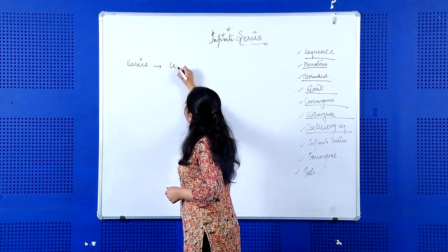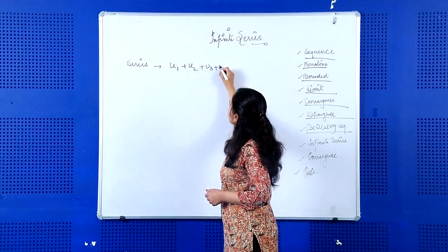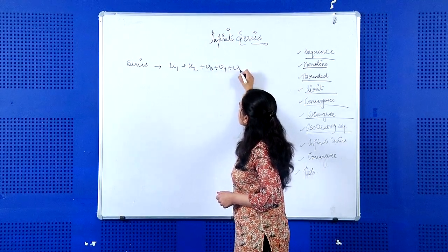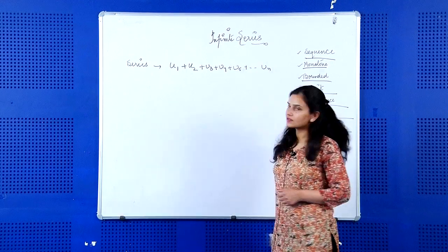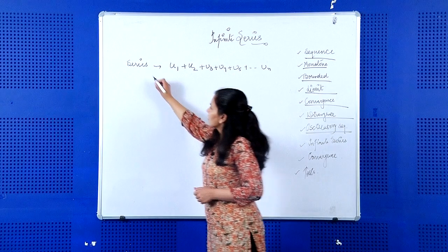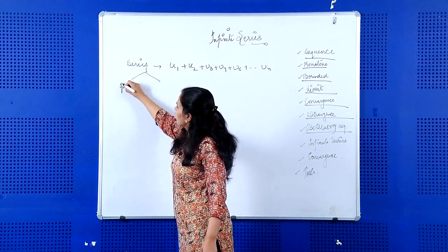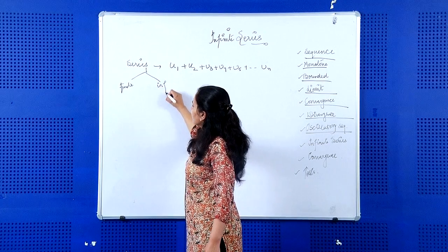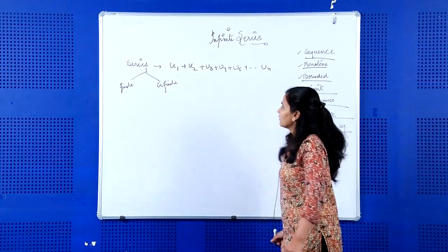We write a series like U1 plus U2 plus U3 plus U4 plus U5 up to UN. This is a series. Now, a series may be finite or infinite.